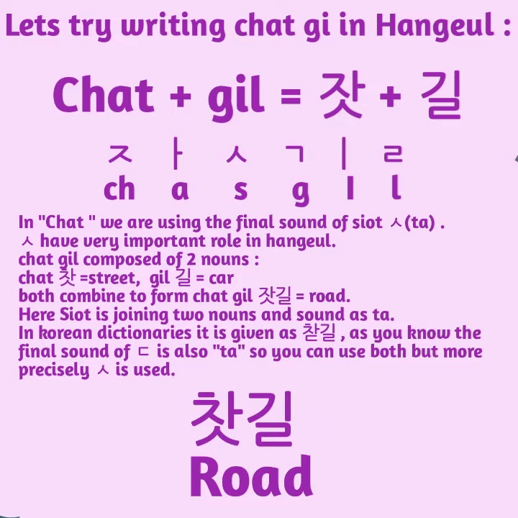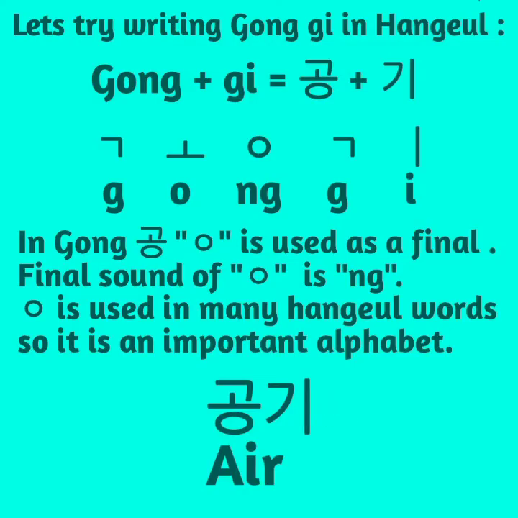Chat is street, which is a noun, and Gil is car, which is also a noun. So here Siot is combining two nouns. In Korean dictionaries, it is given as Cha Gil. As you know, the final sound of the is also T, so you can write both, but more precisely, you should write Siot as in Chat. So this is how we write Chatgil, and Chatgil means road in Hangul.